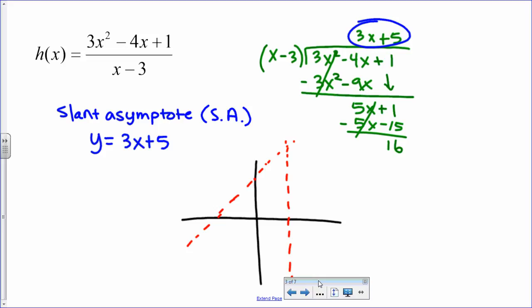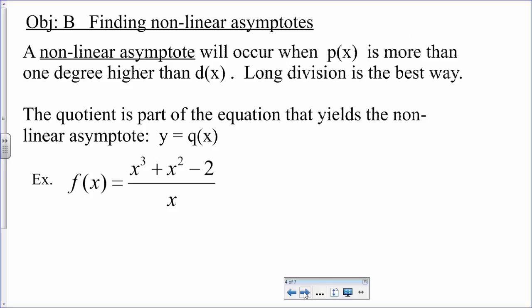All right. We also can have non-linear asymptotes. So that asymptote was still a line, even though it wasn't horizontal or vertical, it was still a line. We could find asymptotes that are not linear.